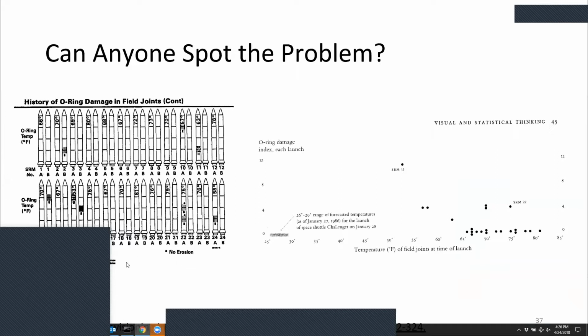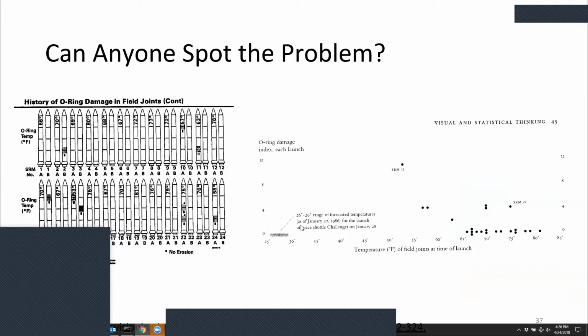But if we take this same information and replot it on a simple XY coordinate, where the Y coordinate is the damage index, so the larger the value, the more damage that occurred, and on the X-axis, we put the temperature, we can see very quickly that there's a general pattern: as the temperature decreases, we have a lot more issues in terms of damage to these O-rings.